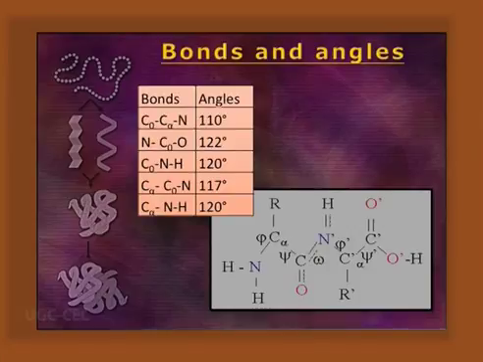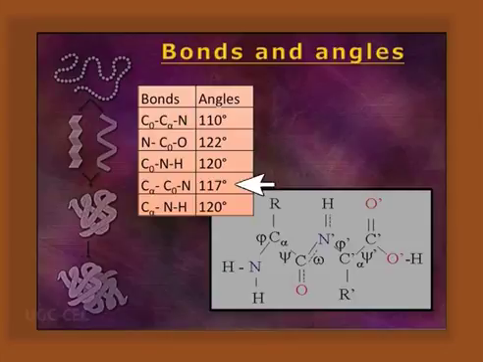Now, here are the bonds and their corresponding angles involved to make the peptide structure. What are they? C-C alpha-N is 110 degrees, N-C-O is 122 degrees, C-N-H is 120 degrees, C alpha-C-N is 117 degrees, C alpha-N-H is 120 degrees. The C-C bond length is 1.54, C-N is 1.48 angstrom, and C-O is 1.43 angstrom.